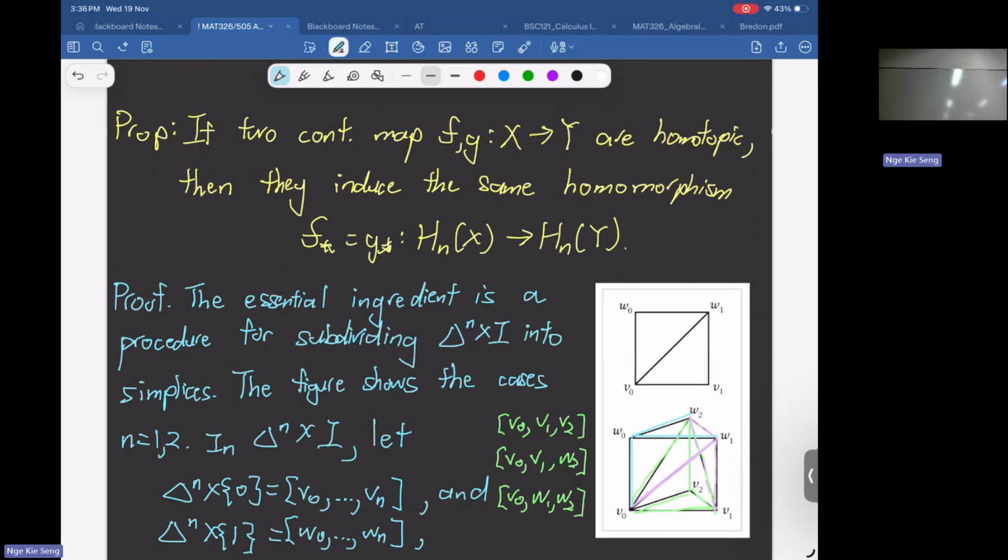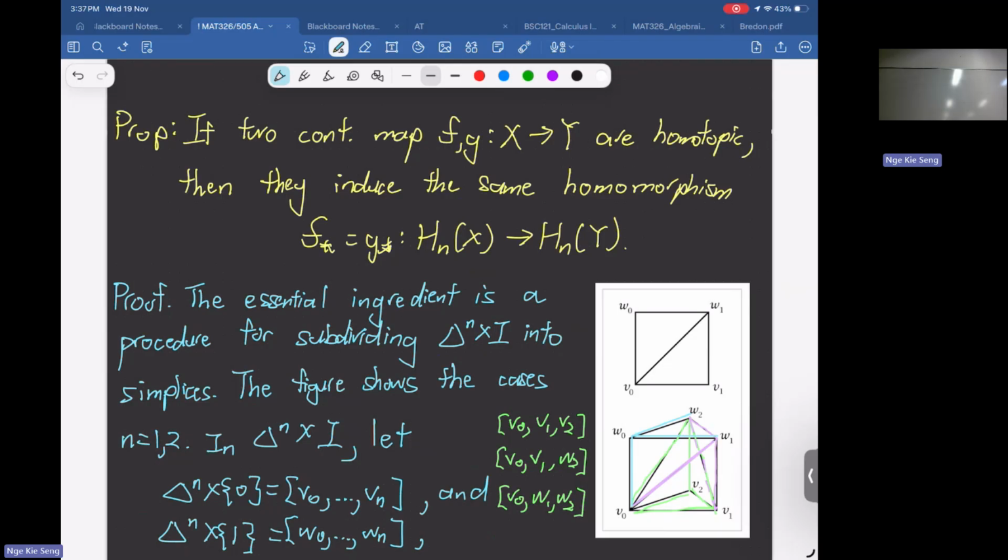You need this kind of going-up-a-level map to help you prove that these two maps are the same. Does it make sense? For example, take a one simplex in X, cross I, what do you get? Then you get this one. This is not a simplex yet, but you can split it into simplexes.